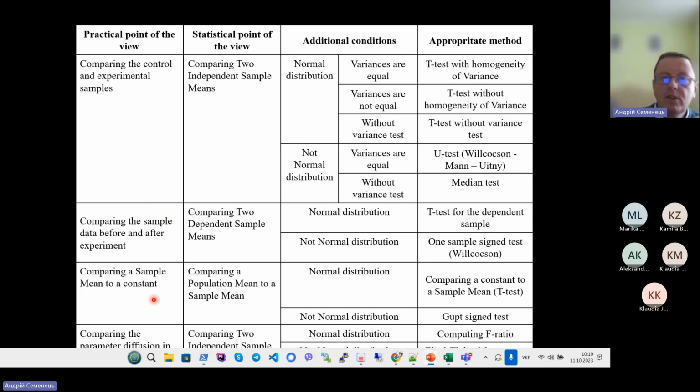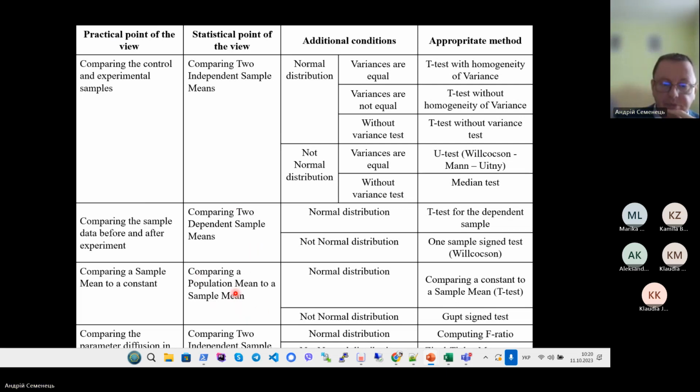Or if we want to prove that taking medicine brings blood pressure to a normal level, it means comparing a sample mean to a constant. So here we have very similar questions, which lead us to absolutely different statistical models: compare independent samples, compare dependent samples, compare a population mean to a sample mean. That's the statistical model I spoke about.